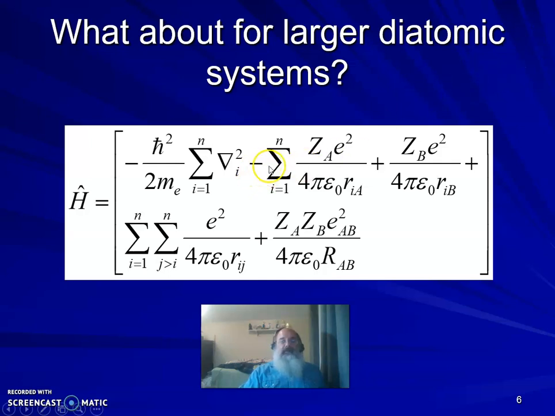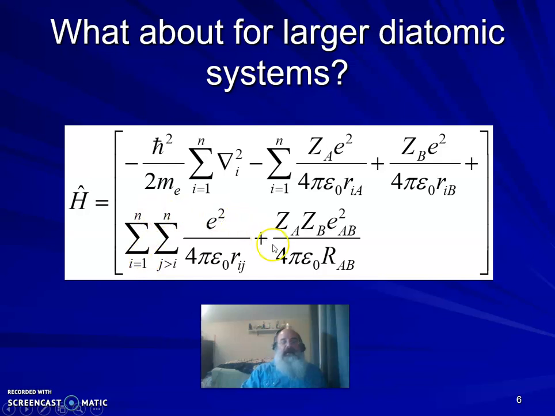And then let's think about how many potential energy attraction terms there's going to be. That's described by this sum here, from 1 to n of electron attraction for a particular electron to nucleus A and electron attraction to nucleus B. So we're looking at 2n attraction terms.